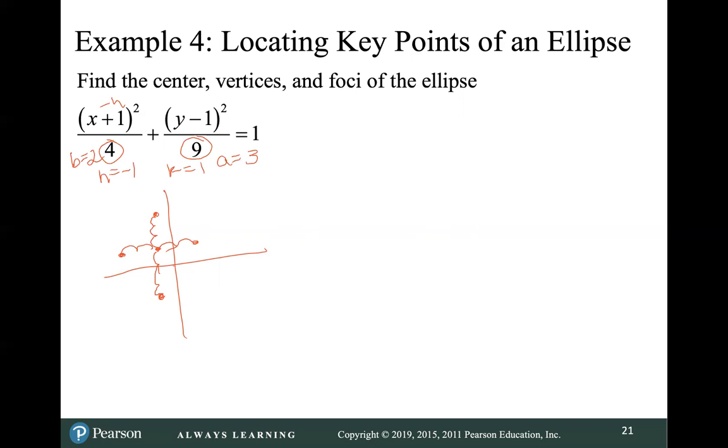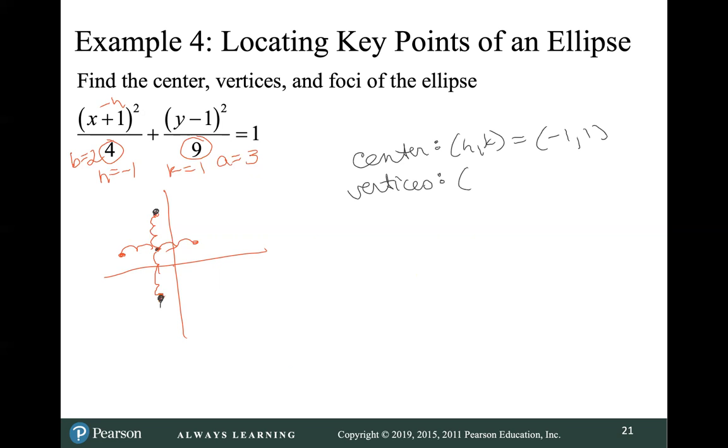So really, without doing much calculation, I can find these points. My center, which is (h, k), is (-1, 1). Let's go vertices next. Vertices, which are the major axis, so the one that was longer, the vertices are here and here.